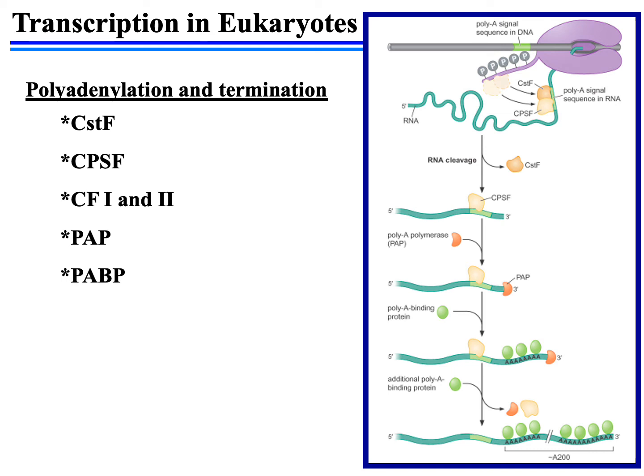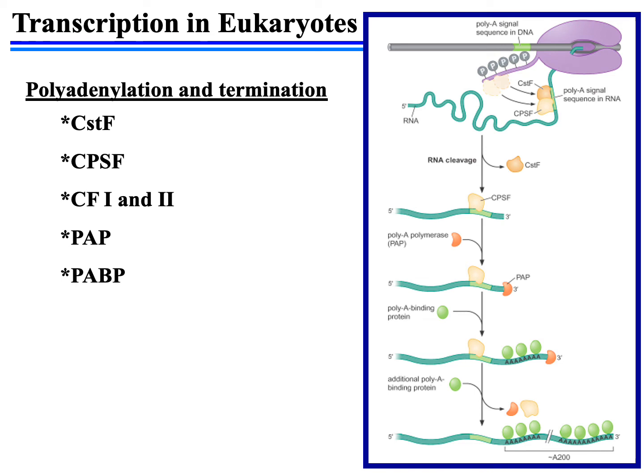You also have CF1 and CF2, which are short for cleavage factor 1 and cleavage factor 2. It is a 2-component endonuclease that is going to be playing a role in cleaving the transcript away from the elongating polymerase.